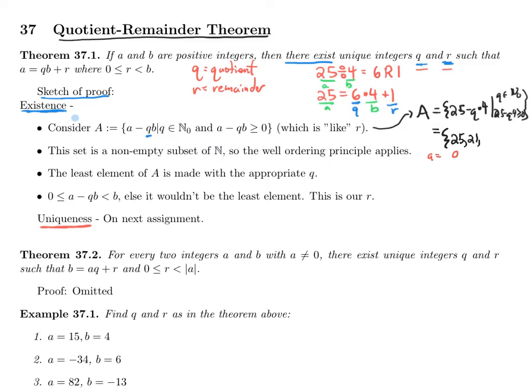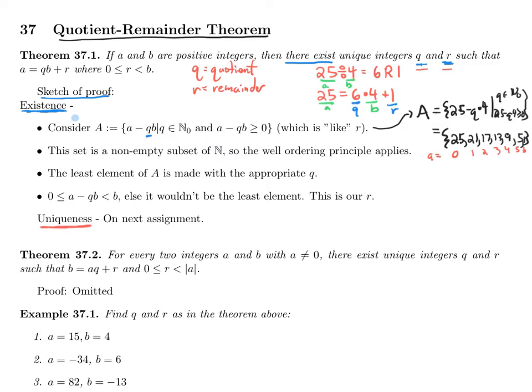When q equals 2, this is going to be 17. Then we have 13, then 9, then 5, then 1. So that's when q equals 0, 1, 2, 3, 4, 5, and 6.